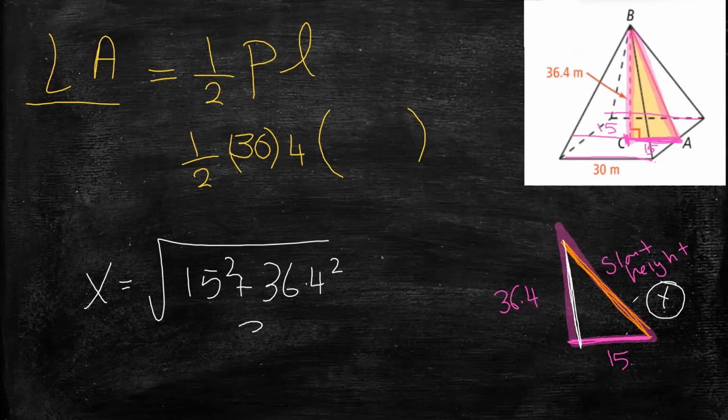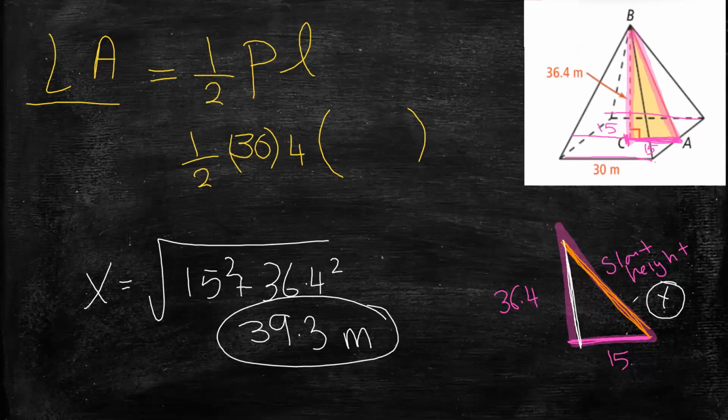So the slant height now is 39.3 meters. So I found now the slant height, which is 39.3. Now here, this is 30, so it is 60 times 39.4.